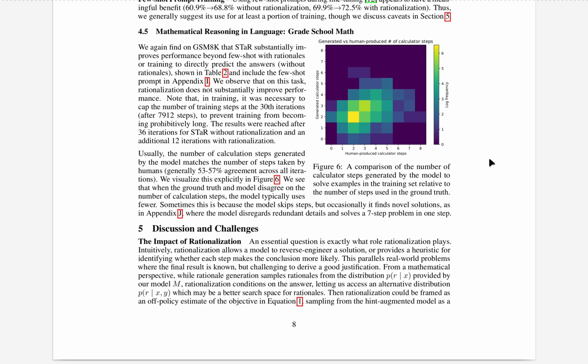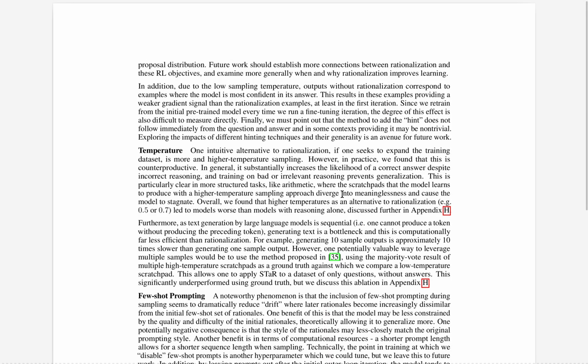The rationalization could be framed as an off-policy estimate of the objective in equation 1, sampling from the hint-augmented model as a proposal distribution. Future work should establish more connections between rationalization and these reinforcement learning objectives, and examine more generally when and why rationalization improves learning.